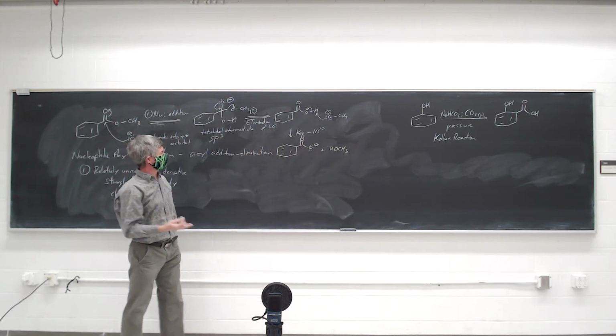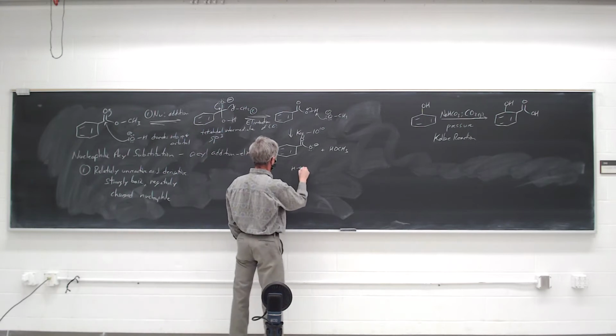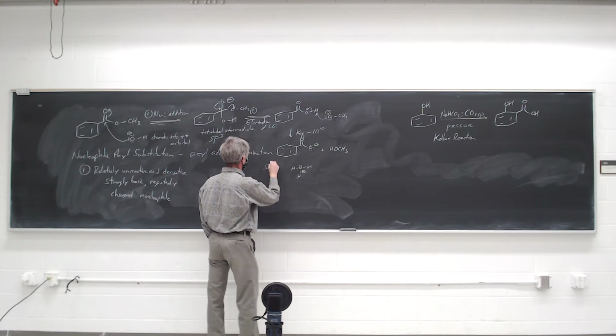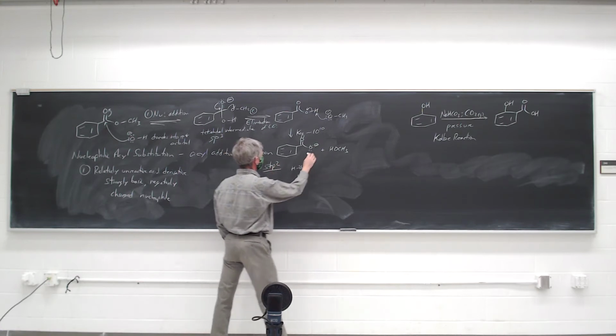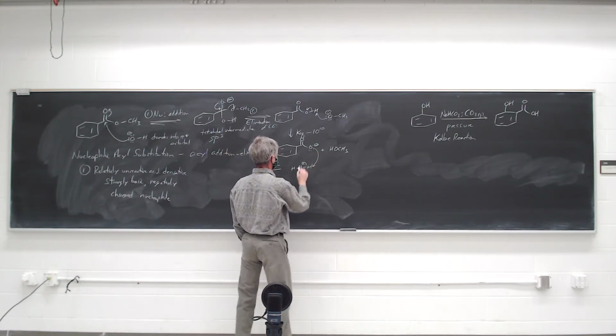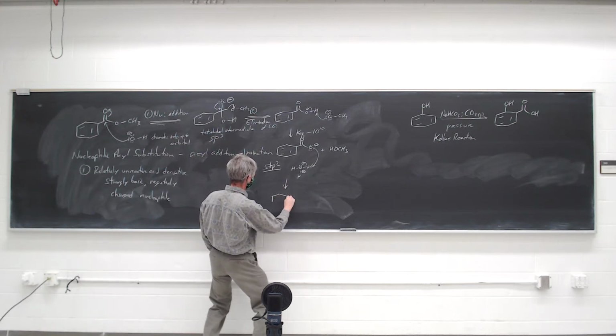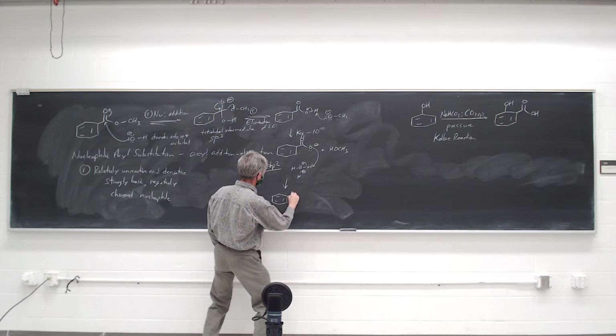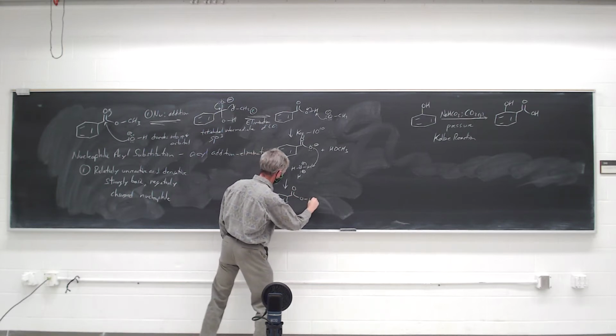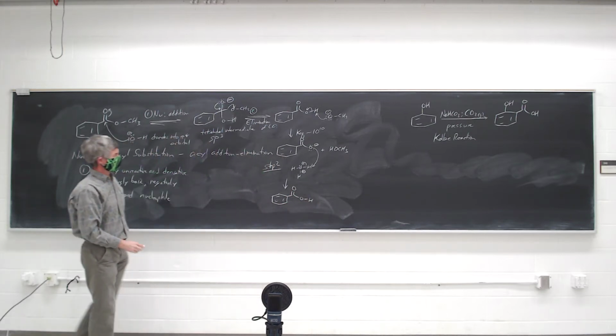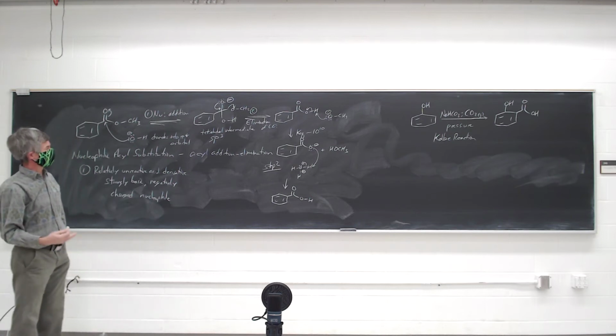So we end up with our carboxylate salt and methanol. And then in the acid workup, we protonate that with concentrated strong acid, or sorry, dilute strong acid, usually about 1 molar HCl, to generate the carboxylic acid from the carboxylate.